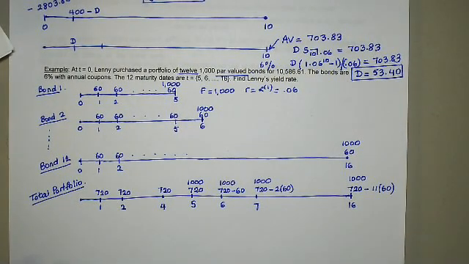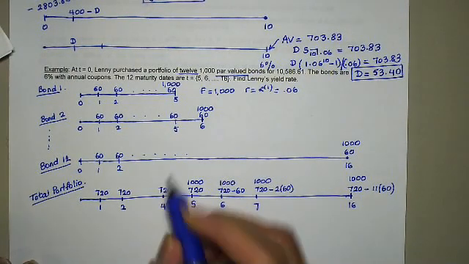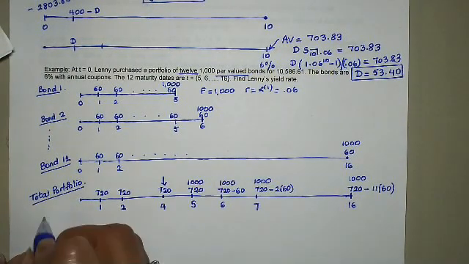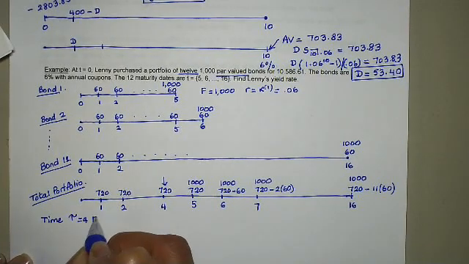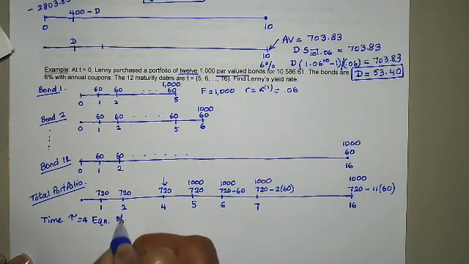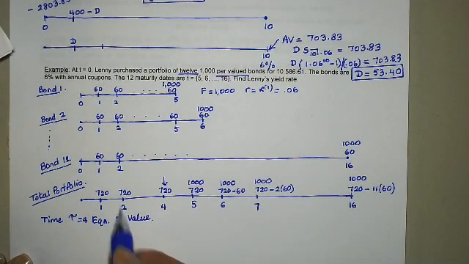Okay, so you could do a time 4 equation of value, or you could do a time 0 equation of value, whatever you prefer. What do you think? Time 4? Let's start with time 4 just to play. So we're here. Time tau equals 4, equation of value.